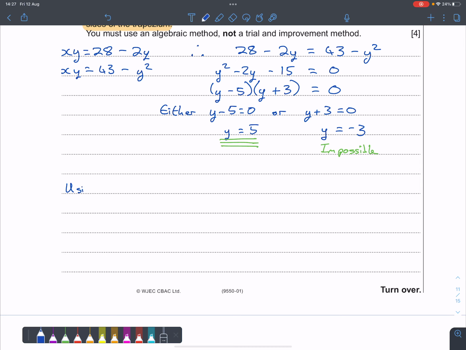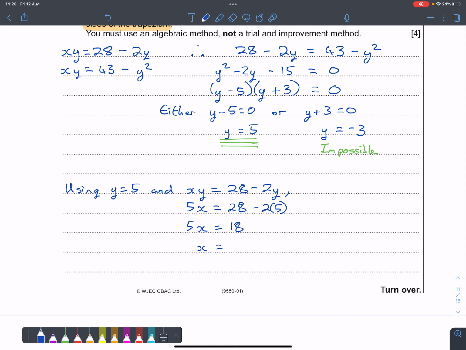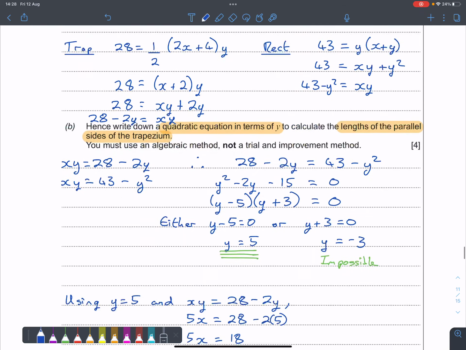Using y equals 5 and xy equals 28 minus 2y, I get 5x equals 28 minus 2 fives. So that's 5x equals 18. So my x will be 18 over 5, which is 3.6. And this is now in centimetres.